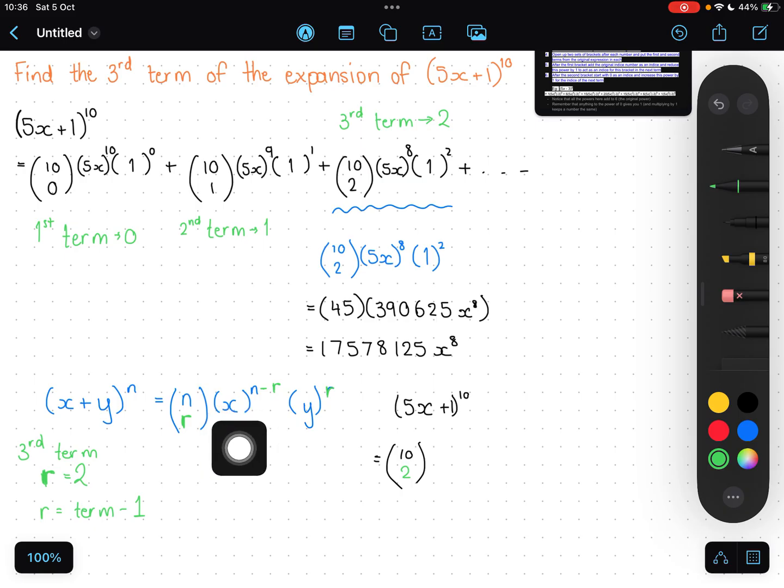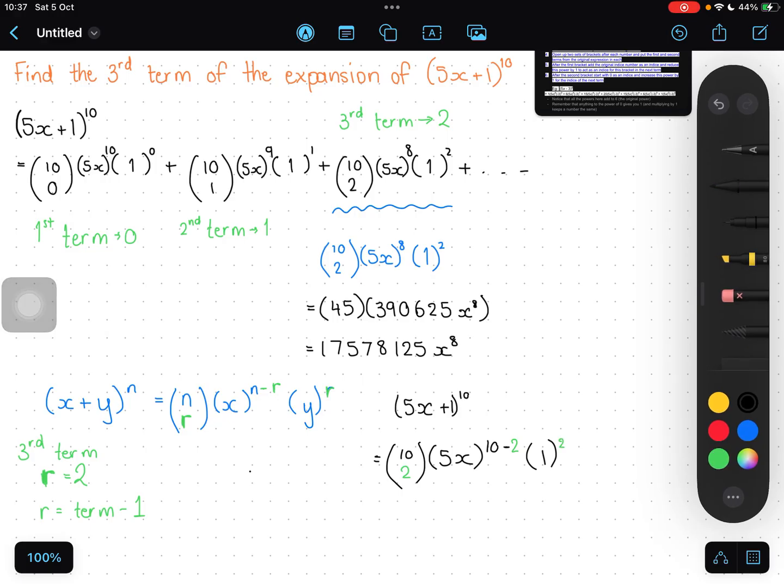Then the first term: x was the first term here, and in my question it was 5x. So it's 5x, to the power of n, so the 10 take away this r value, take away the number 2. And then my second value from inside the bracket, 1, to the power of r, and r in this case again was the number 2.